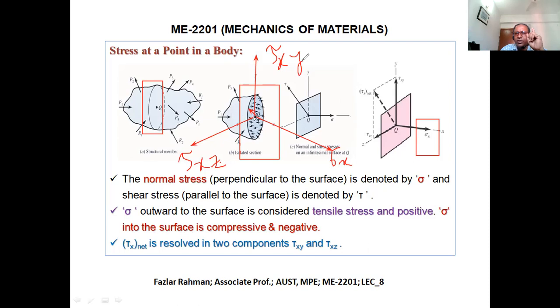So for one plane, there are three stresses. Similarly, if you cut right over here, then your normal stress will be along the y direction. Then you will get sigma y, tau y.